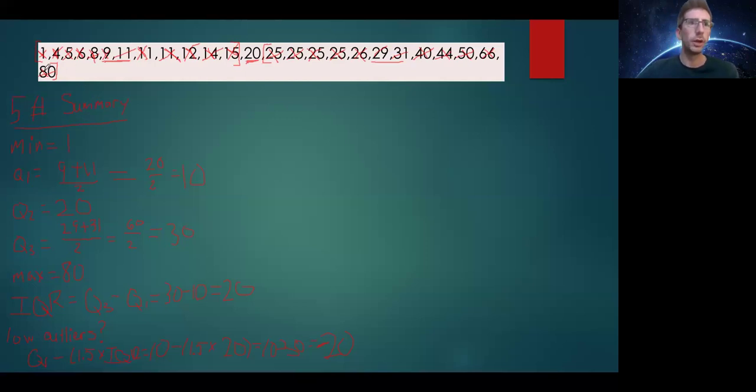And we do not have any values less than 0, right? We have no negative numbers. So we have no lower outliers. So now let's do the same thing, but for upper outliers.